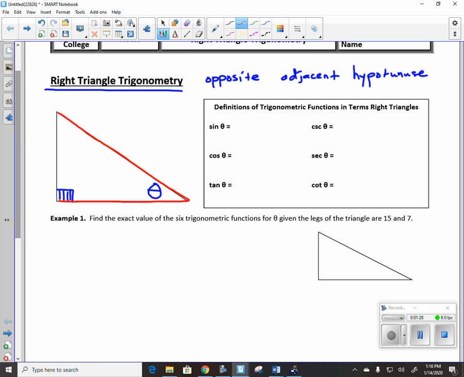Those two sides, this one is the hypotenuse. It's the hypotenuse because it's the longest side of a right triangle, and it's across from the 90-degree angle. The other side is the adjacent side. It's the adjacent side because it sits next to the angle.